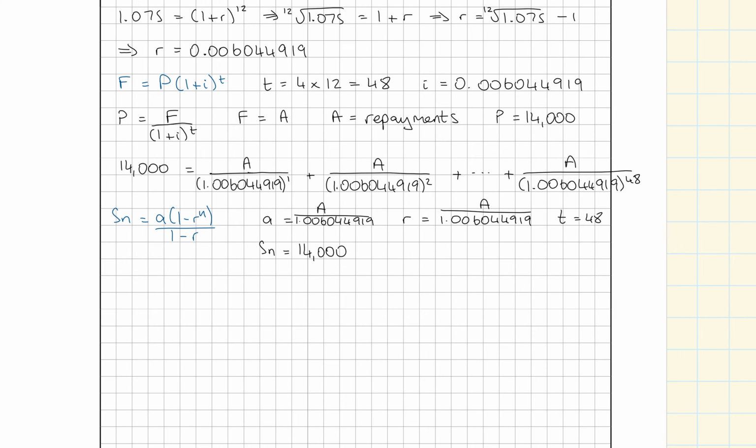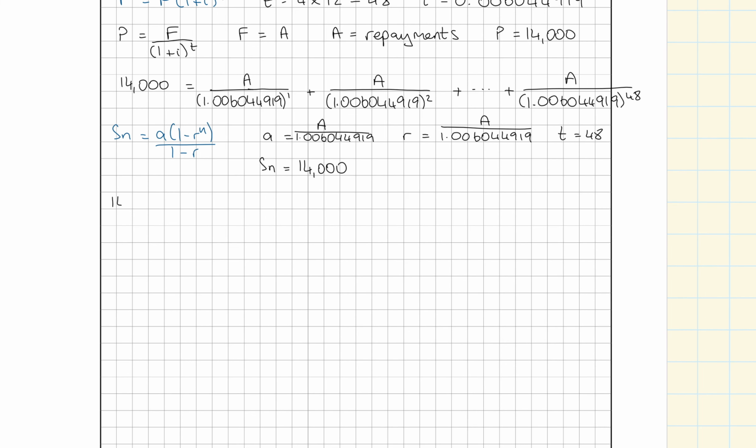So our goal here is to solve for A. So we get 14,000 equals A over the interest. I'll open up some square brackets here just to keep it a bit neater. One minus, sorry, the ratio there is 1 over that to the power 48, all over 1 minus r.